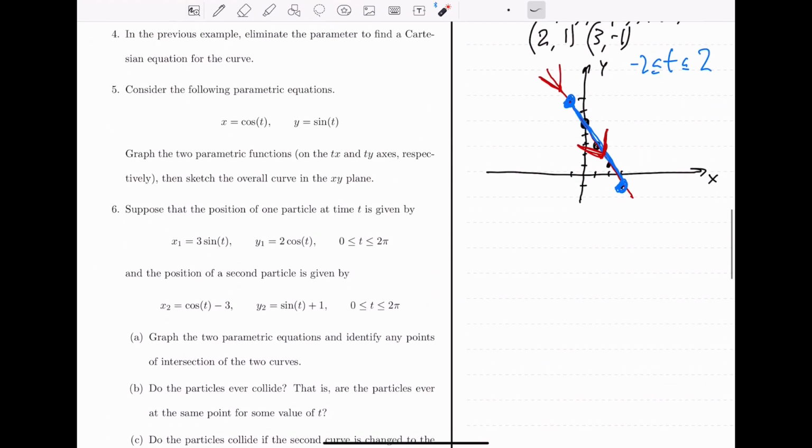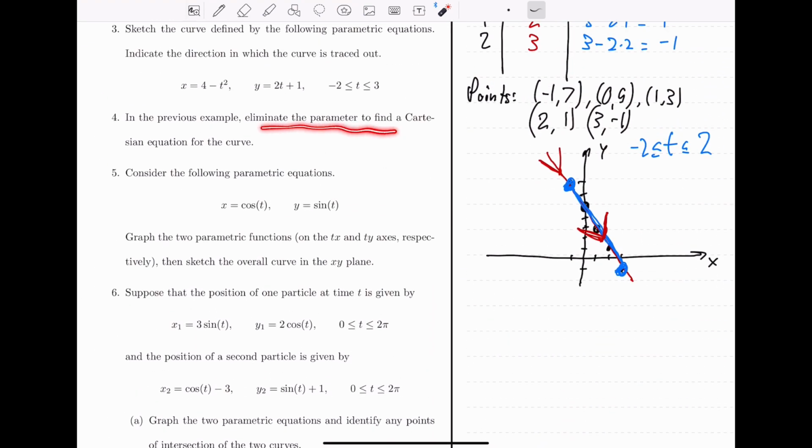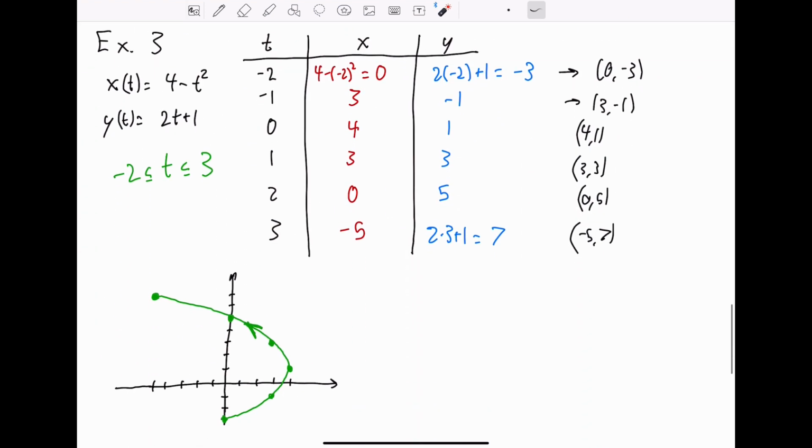Now, for example 4, we want to eliminate the parameter to find a Cartesian equation for this curve. So to eliminate the parameter, we solve one of these equations for t and then substitute into the other. It doesn't really matter which equation we solve for t, but in this case it will be a little bit easier to solve the y equation for t. So here we are solving example 4.